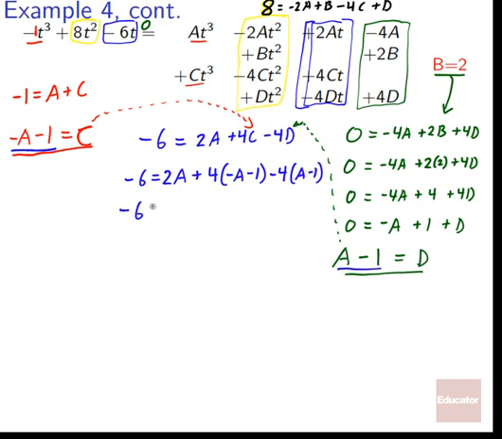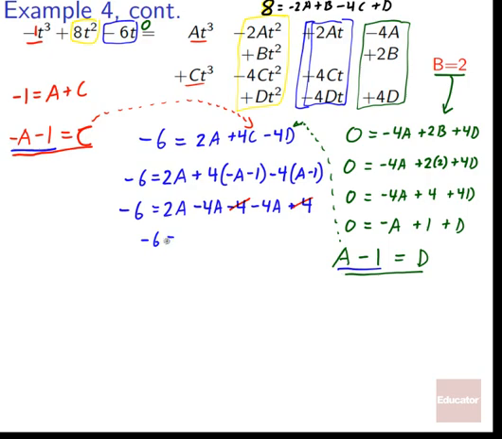Simplify that out. Negative 6 equals 2a plus 4 times negative a, so we'll make that minus 4a, minus 4, negative 4a minus 4a, and negative 4 times negative 1 becomes plus 4. So at this point, we've got negative 4 and plus 4, so those cancel each other out.